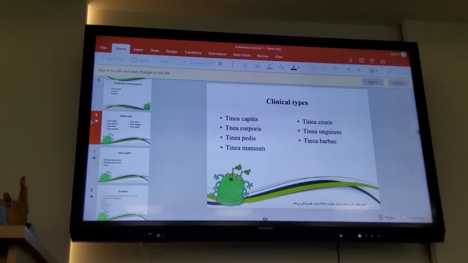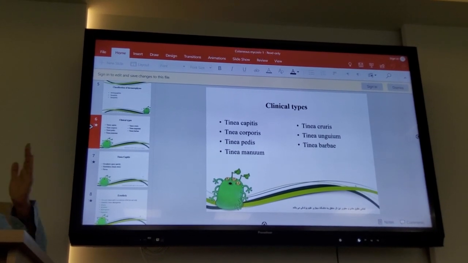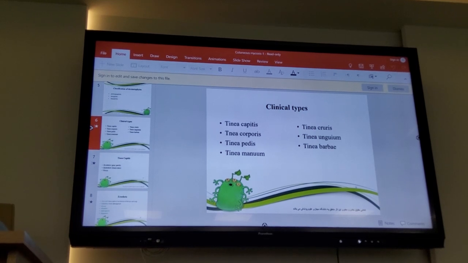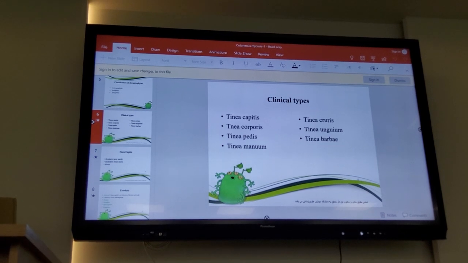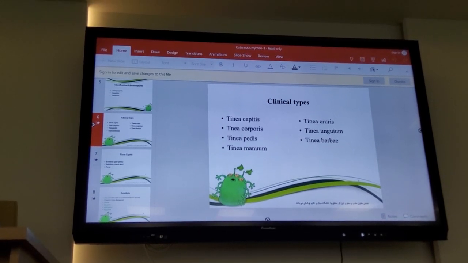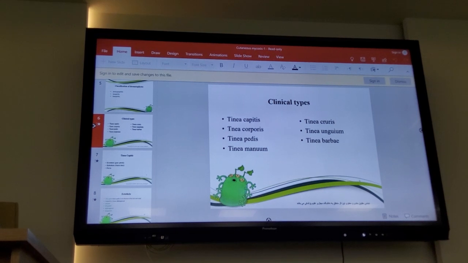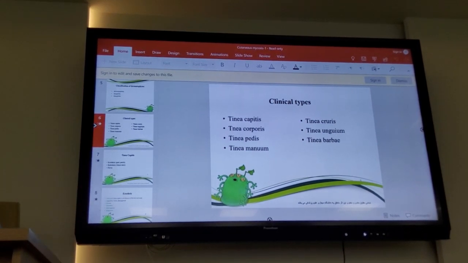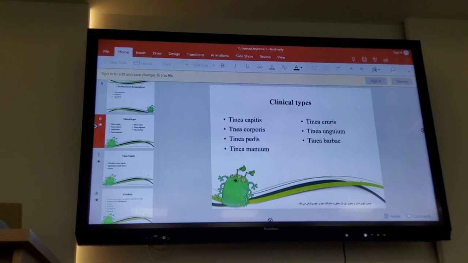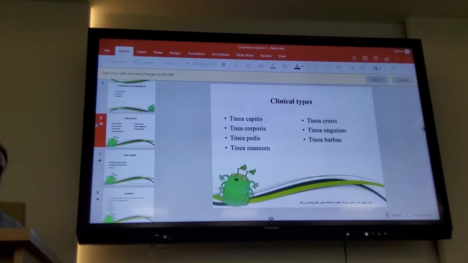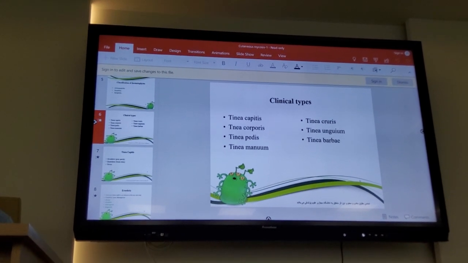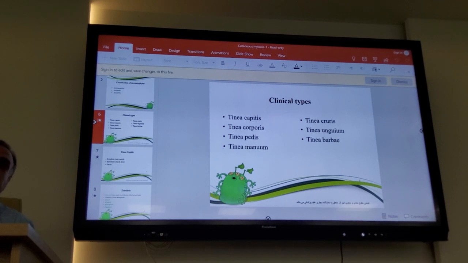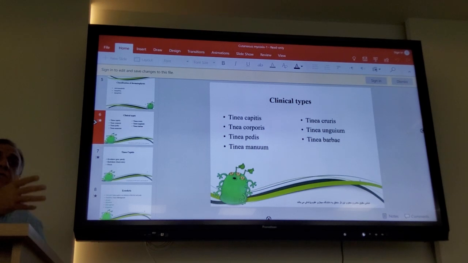What is the difference between tinea unguium and onychomycosis? I will explain. Tinea unguium is caused by a dermatophyte, while onychomycosis can be caused by all fungi, not only dermatophytes but also other fungi. We have some additional fungi that affect the nail: Candida, Aspergillus, some opportunistic mold fungi.